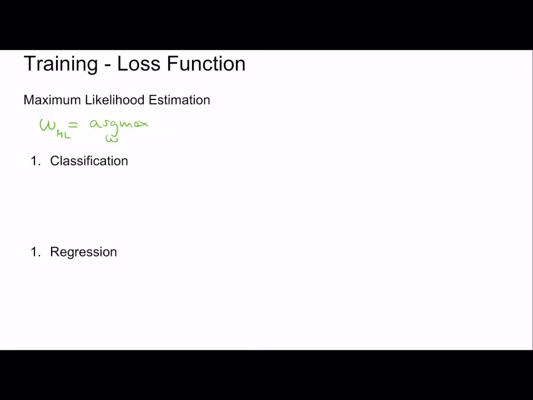We want to maximize the probability of predicting the true label. And the true label for each of the samples is essentially y_i. So i denotes a particular sample, given x_i and w. I want to maximize this probability for each of the samples, and I know that the samples are independent, so essentially what I want to maximize is the product of these probabilities from i equals 1 to m.